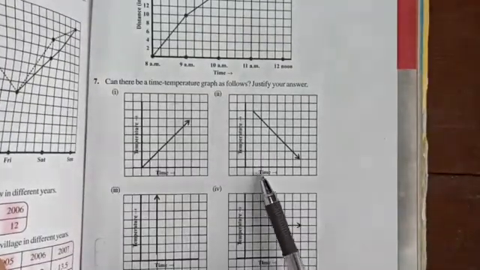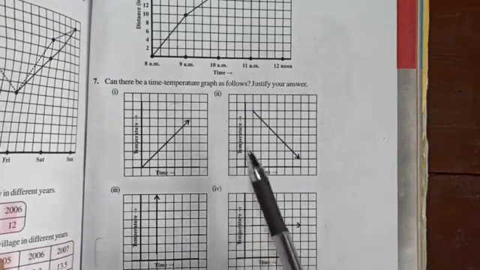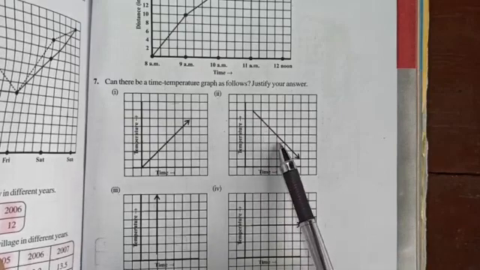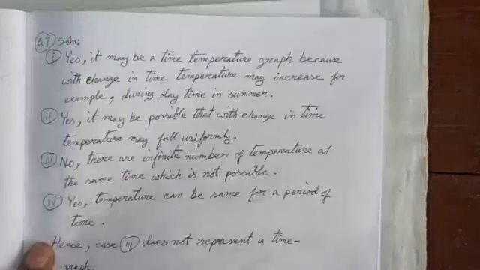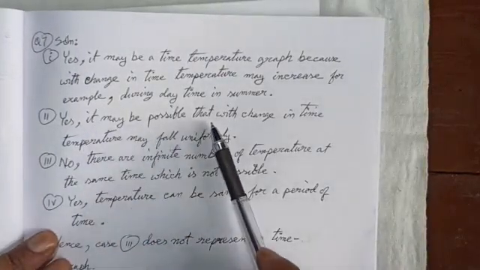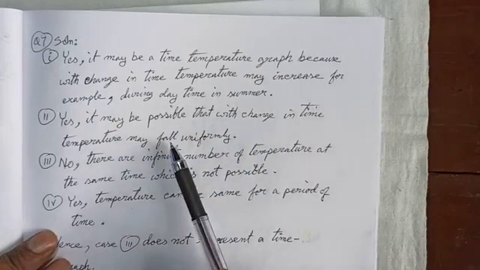This is time and this is temperature. Here the temperature is decreasing. At first the temperature is here, then it decreases. This also can be a time-temperature graph. Roman 2: yes, it may be possible that with change in time, temperature may fall uniformly.